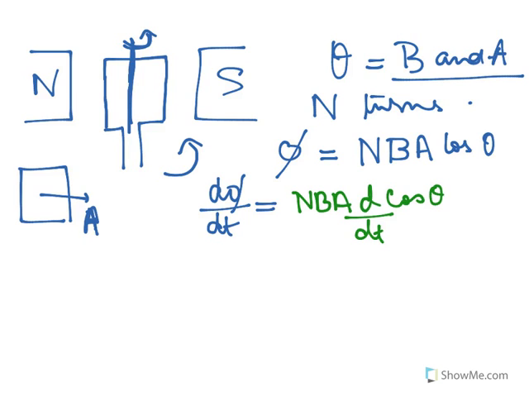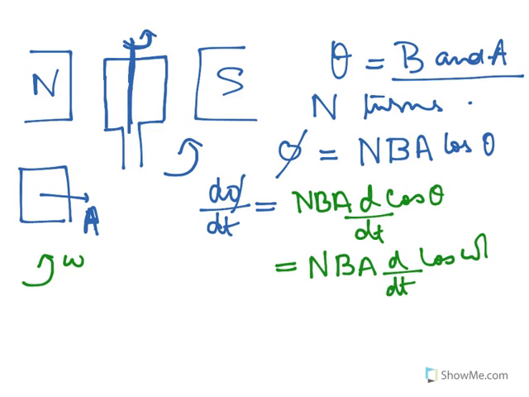If this coil rotates at a constant angular velocity omega, we can write the same thing as N B A d/dt cos omega t, which can be written as N B A omega sin omega t.